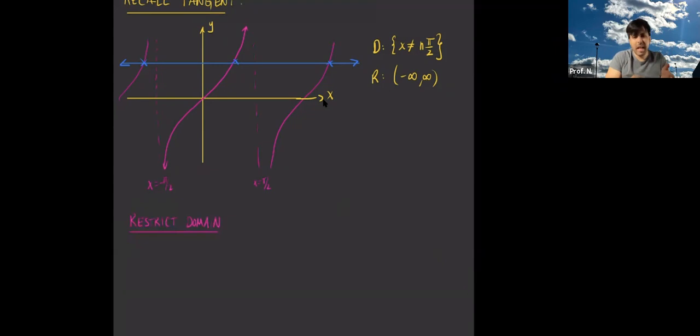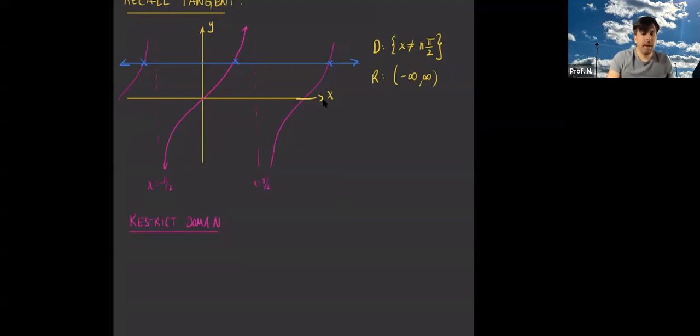But here, I think it's more obvious what interval I should choose. So what interval do you guys think I should keep in order to create a one-to-one tangent function? Is it apparent based upon the graph?